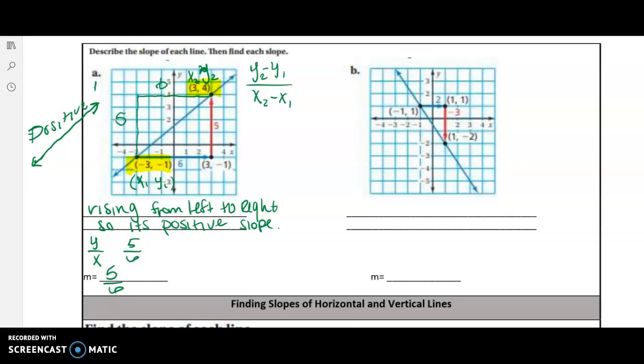So my y2, the y of my second point, would be 4 minus the y of my first point, -1, which means these turn into a plus, over the x's of my first and second point. If I started with y2 up here, then right below it also needs to be my x2.